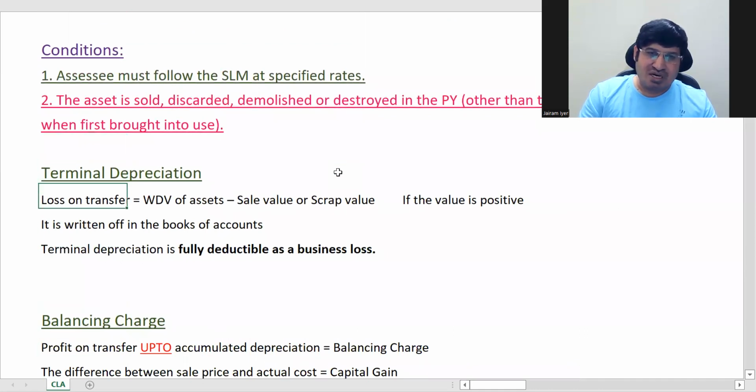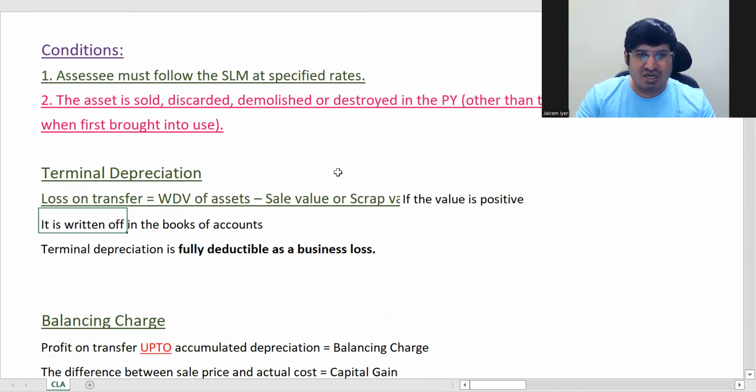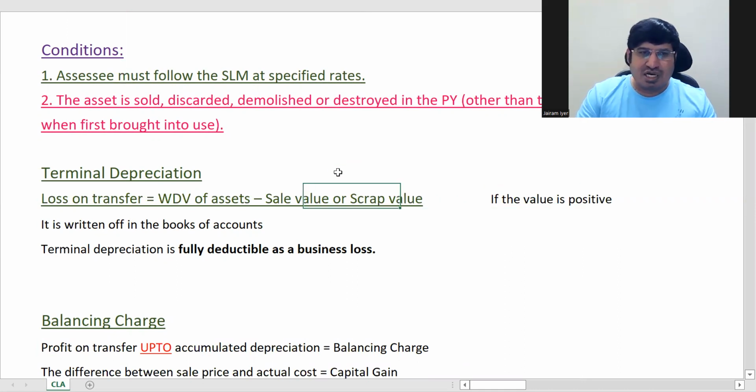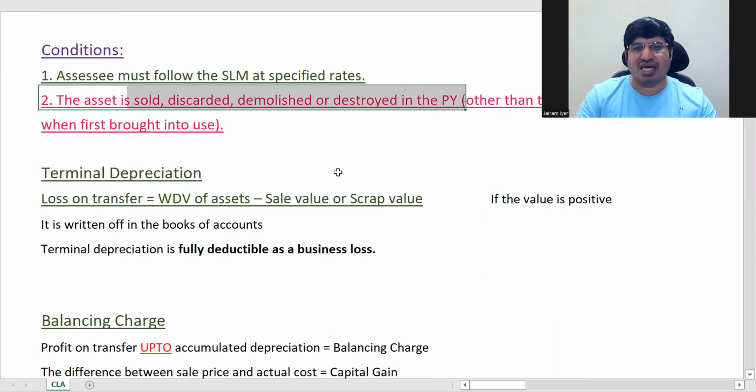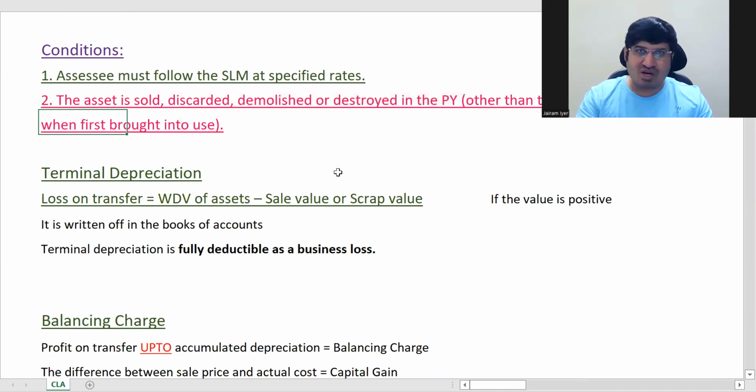First is terminal depreciation, and in this, loss on transfer, but what it is I'll explain. Loss on transfer. So here the asset you have transferred, you have sold it. If you sold the asset, you can have a profit or a loss, correct? So loss on transfer will be WDV minus sale value.